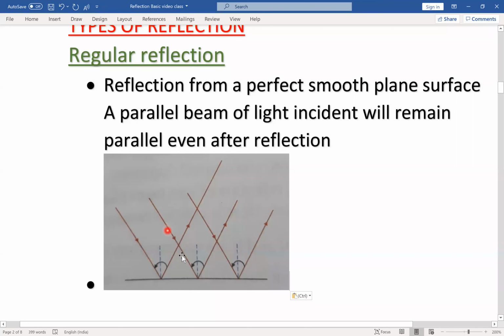So if a parallel beam of light is incident on a perfect smooth plane surface, regular reflection occurs such that the reflected beam is also a parallel beam of light.